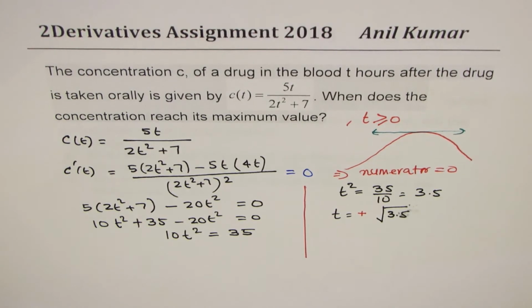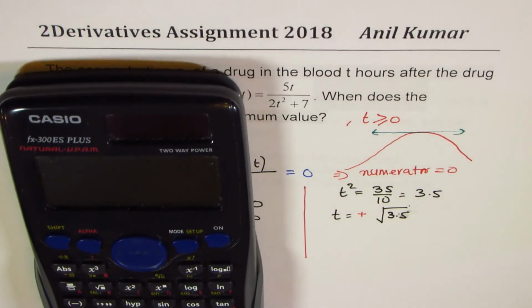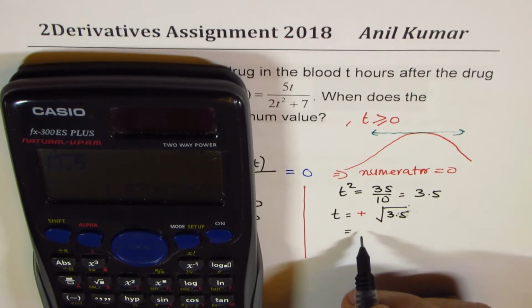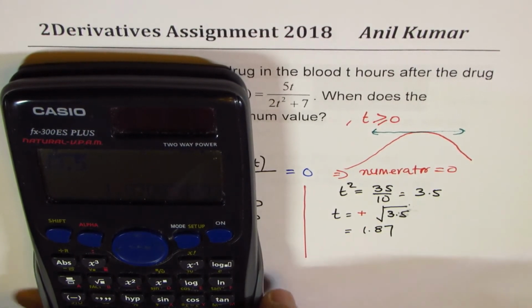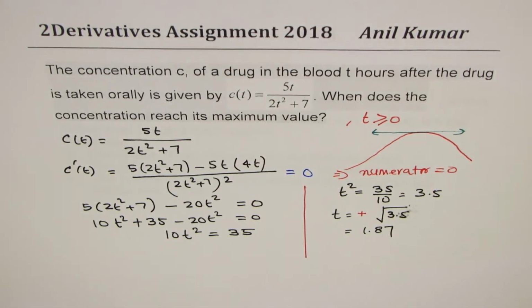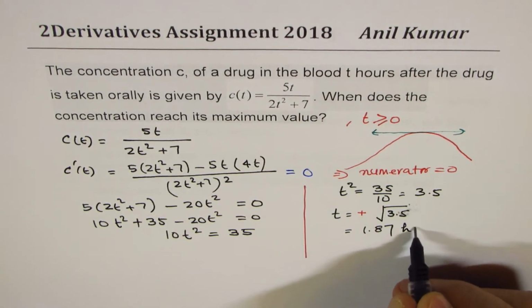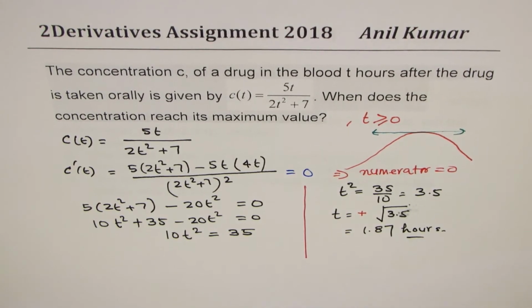Time after it has been taken, that is t. So square root of 3.5, in decimals, is equal to 1.87, right? Hours. So t is in hours, so many hours. So that is the solution for the given question.